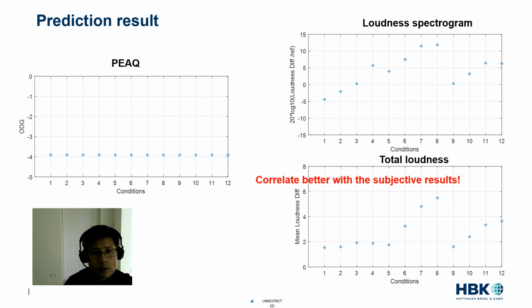When using PEAQ, it seems that there is no difference among the conditions, and these conditions include the level of excitation as well as different cars and DSP settings. So it doesn't seem to distinguish these differences.